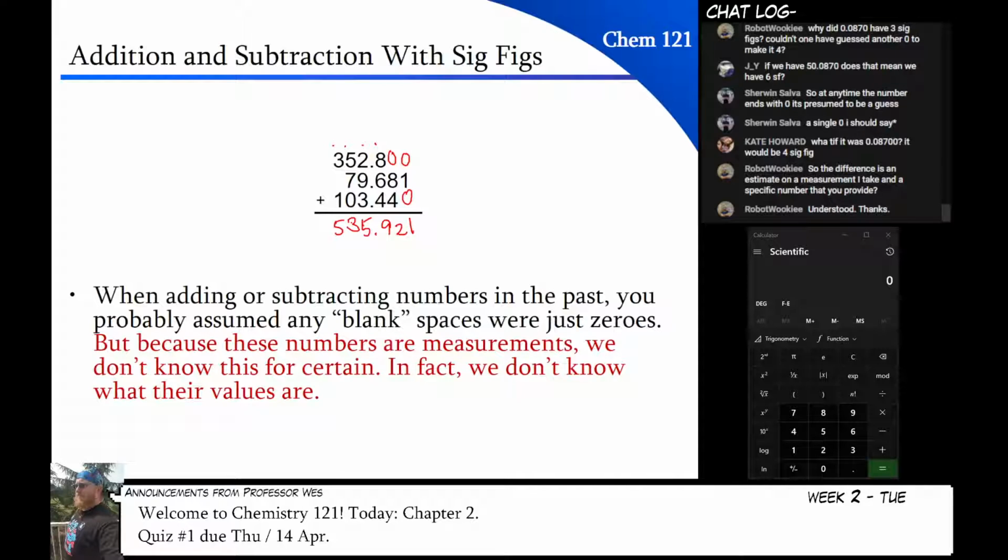And in this class, that is wrong. So this is not the correct answer. Why is that the wrong answer? Because if you type this on your calculator, that's the number it will spit out. Here is why it's wrong. Because we just said that for 352.8, this is where our marks are, and this was our estimated digit.